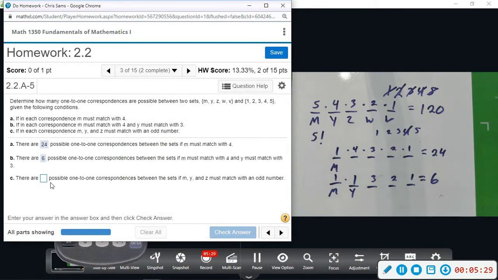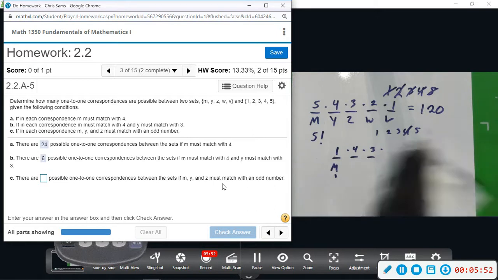All right, and then C, we want to know how many one-to-one correspondences there are if M, Y, and Z must match with an odd number. So M, Y, and Z have to match with an odd number. Okay, so let me make some space.